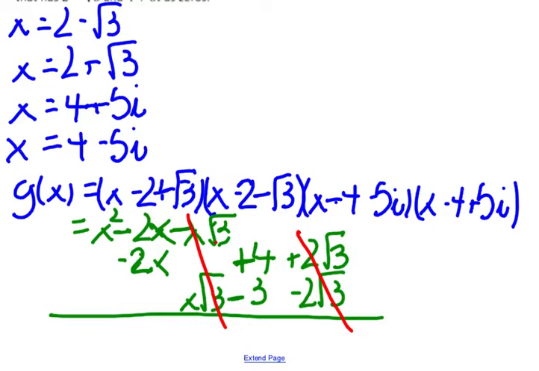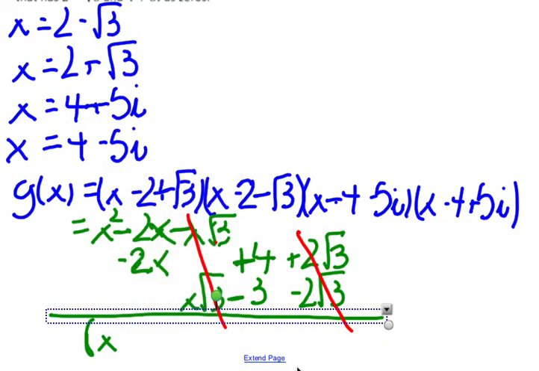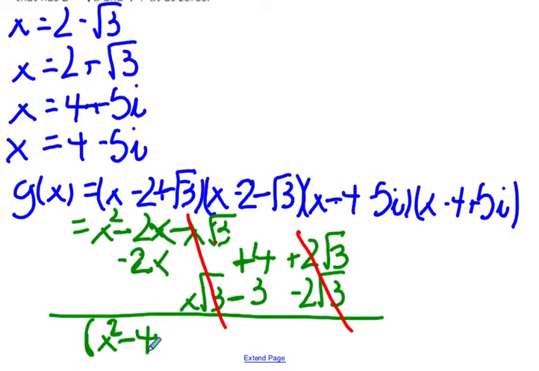Meaning that at this point, you have x squared minus 4x and then plus 1.